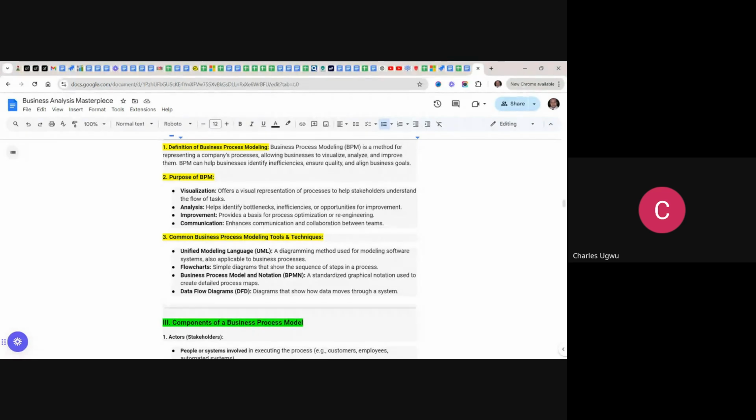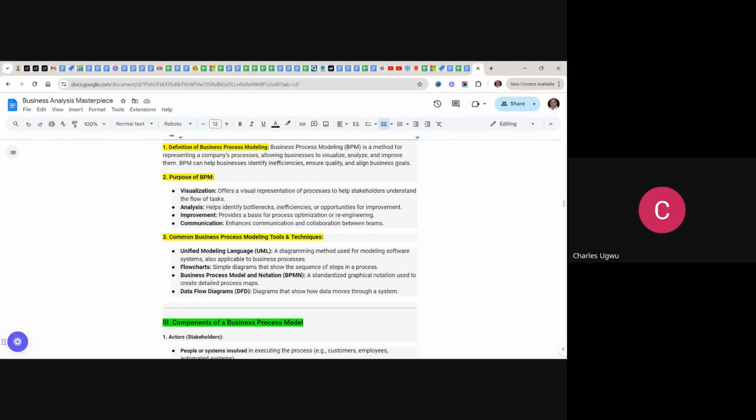Just like developers have different languages they are using, we have Python, JavaScript, PHP, and so many of these are what we call programming languages. But we, the business analysts, what we use is modeling languages. And if you go to people like data analysts, they have their own languages as well, such as SQL.